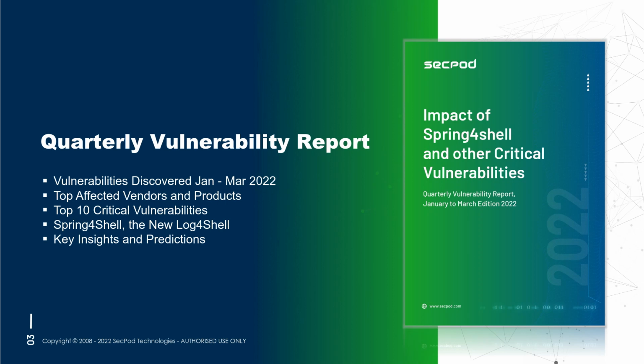So, what is this vulnerability report that we prepared? As part of our routine activities, we prepare this report of all the vulnerabilities that get discovered in these months. In this quarterly report, we have discussed all the vulnerabilities in January to March 2022, and we've also talked about the top affected vendors and products.